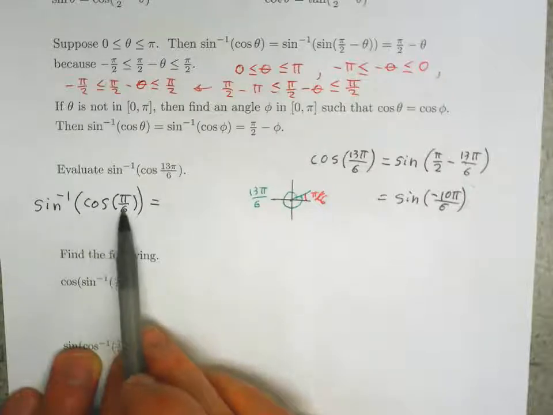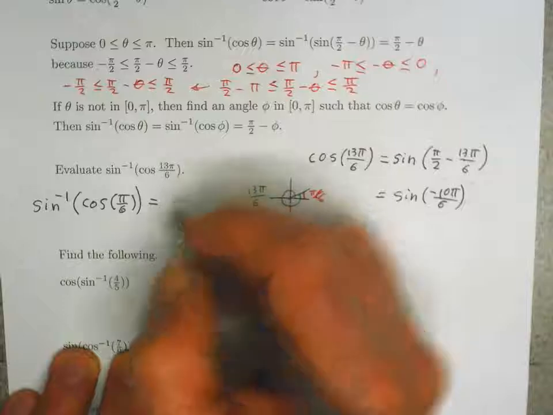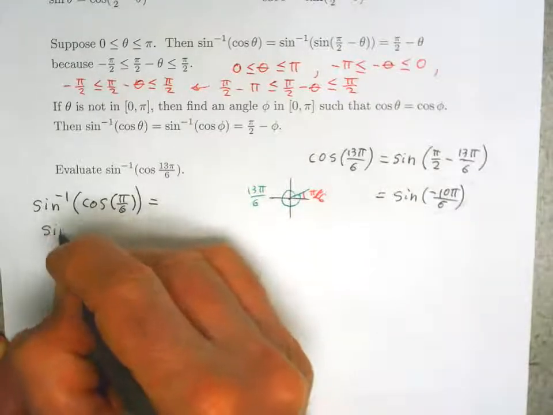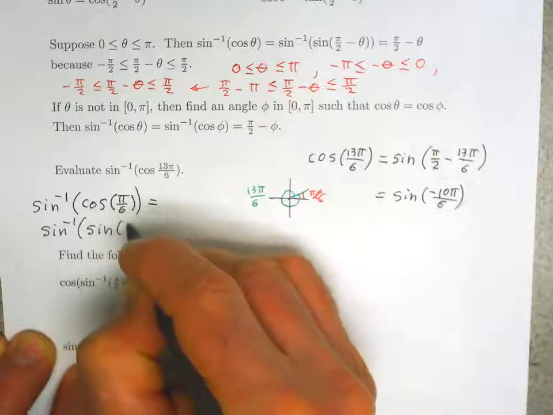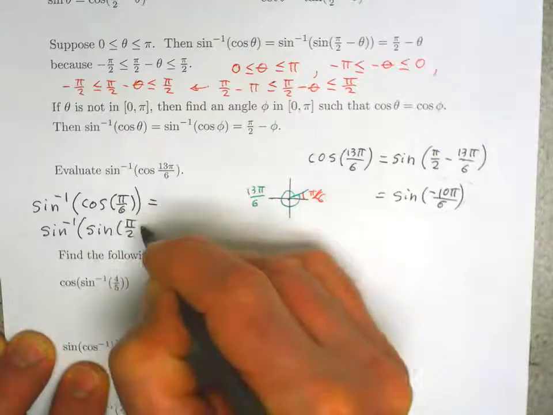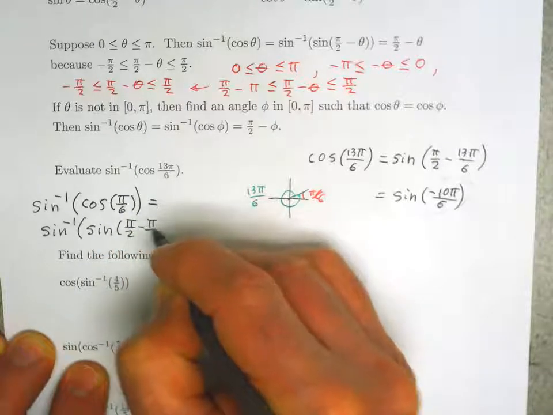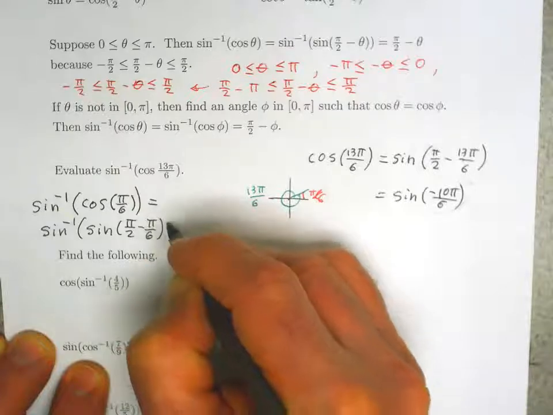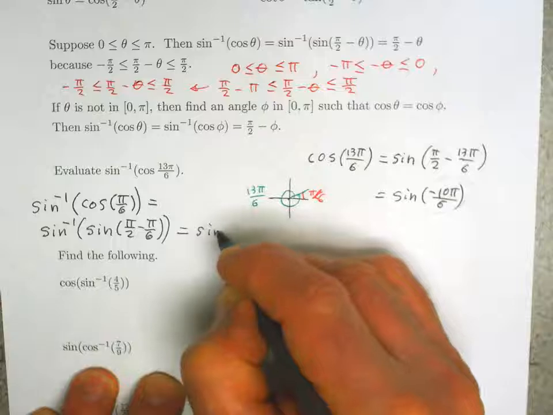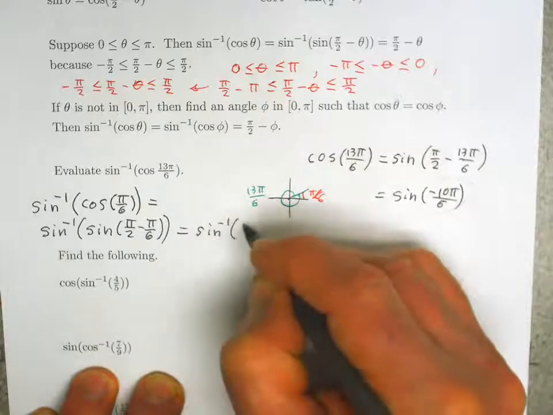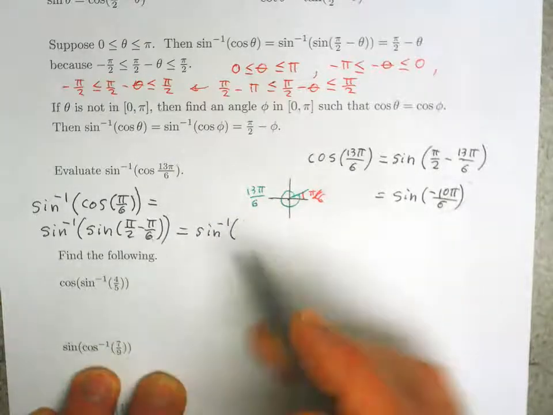Well, cosine of pi over 6, we can write this as inverse sine of sine of pi over 2 minus pi over 6, which is inverse sine of, this is like 90 minus 30, which is 60.